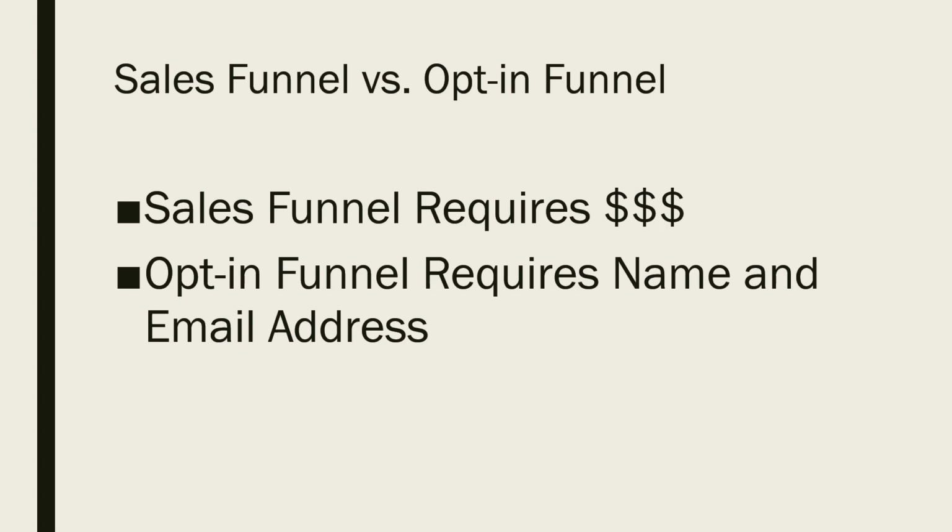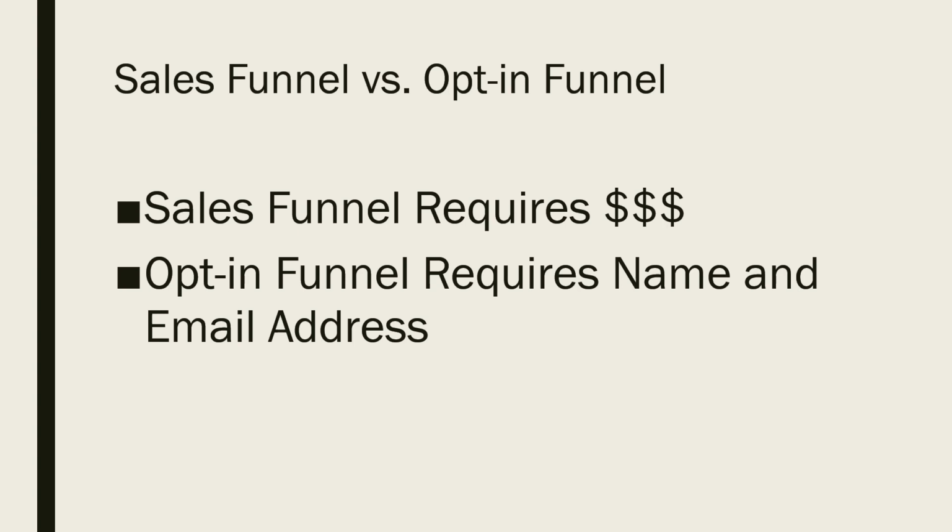So there's a front-end product, usually low-priced, and then you have upsells and downsells, but essentially it's a series of sales pages that are hooked together. Some are upsell pages and some are downsell pages, but it requires money to get into that sales funnel. So that's not so easy, getting somebody onto a sales funnel, correct?